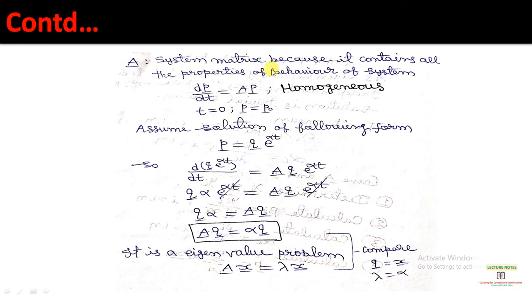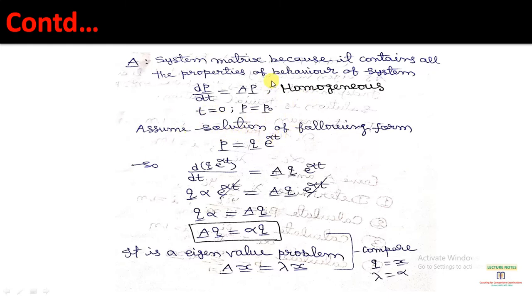Here A is the system matrix, because it contains all the properties of the behavior of the system, so this is known as the system matrix or square matrix. dp by dt equals A p. This is homogeneous, since we have put column vector b equals 0. Now, assume a solution.